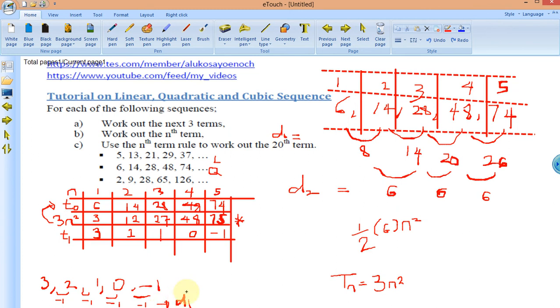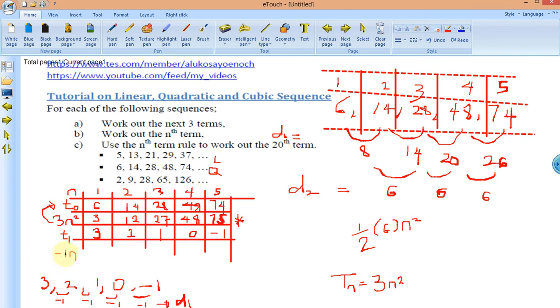How do I work with a linear sequence? I put that number there, so minus 1n. Then I ask myself, what can I do to this constant to get the first term of the sequence? What can I do to minus 1 to get 3? That is plus 4.